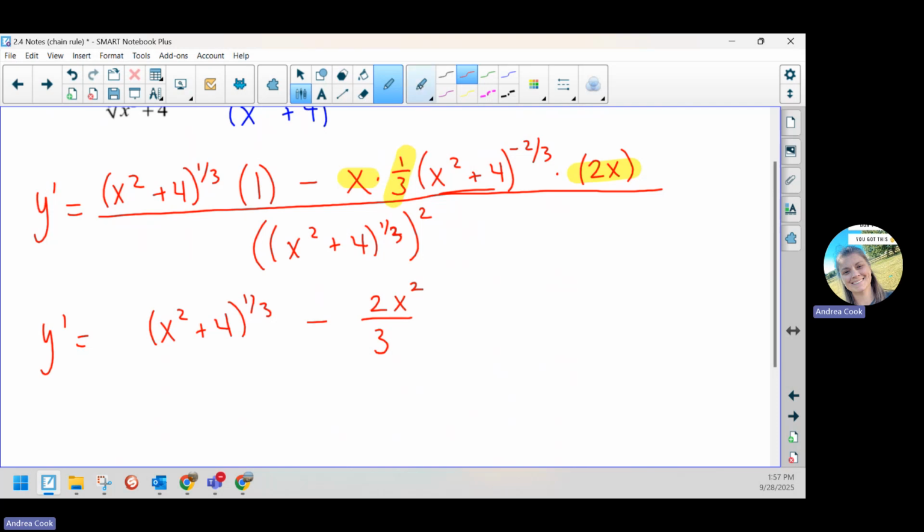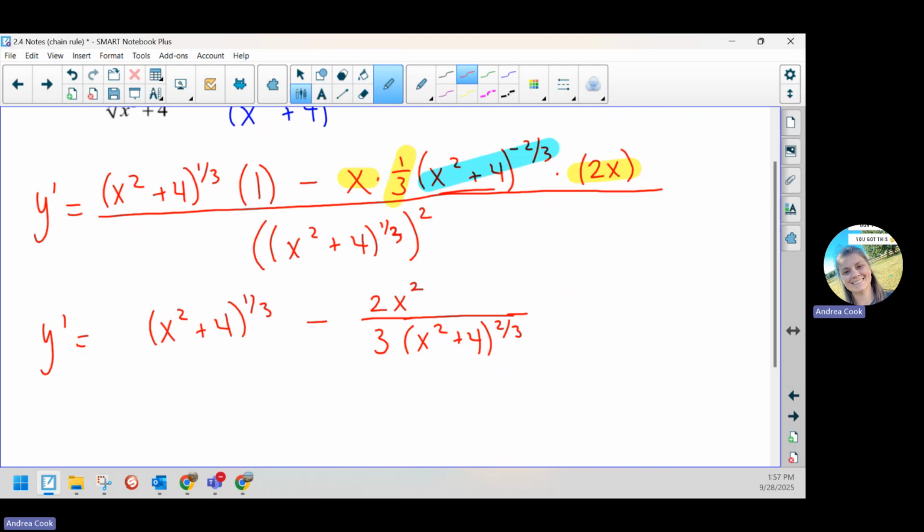And then I'm going to take this term right here that has that negative exponent, and I'm going to move it to the bottom. So I'm just going to extend this fraction bar, and I'm going to move that x squared plus 4 to the 2/3 to the bottom.